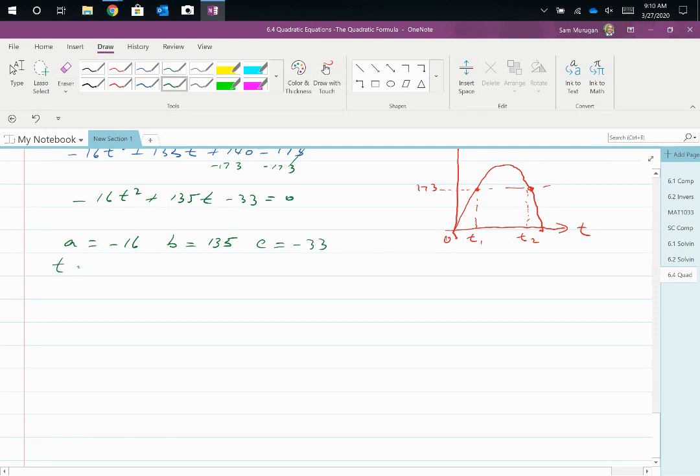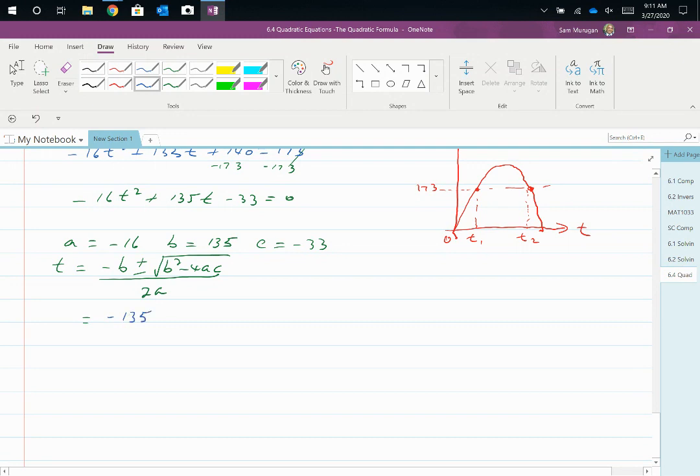So time, not x this time, is equal to minus b plus or minus the square root of b squared minus 4ac, over 2a. And I'm going to take a whole step here to make my substitution.